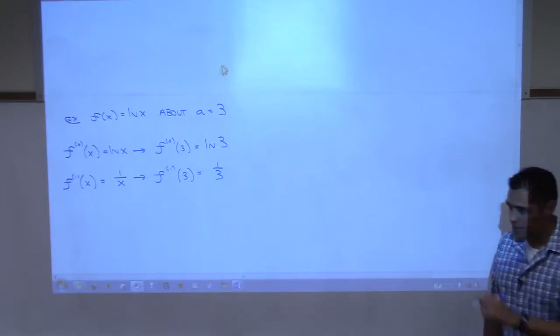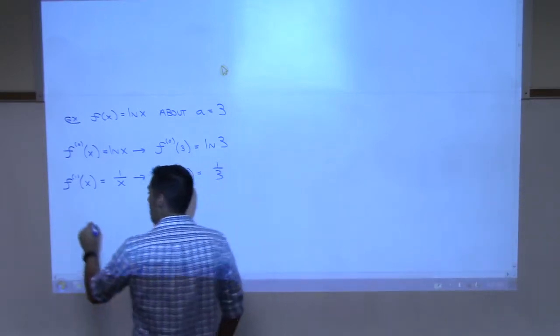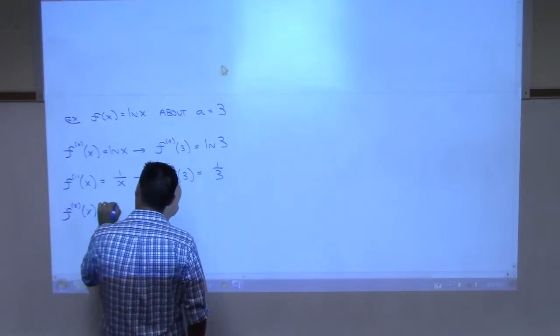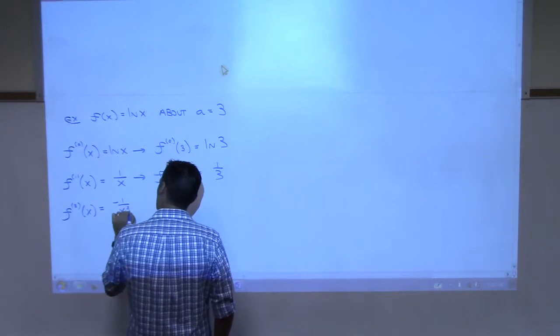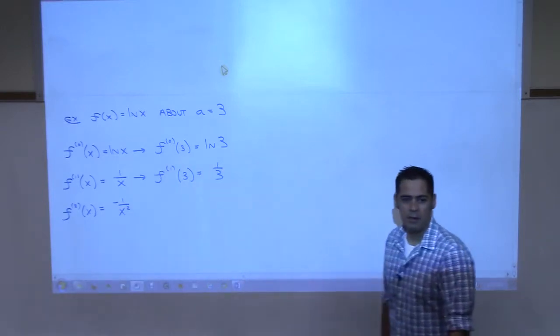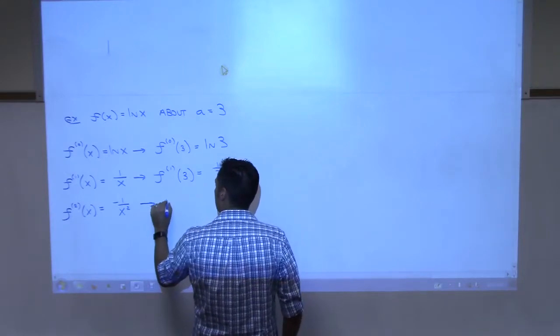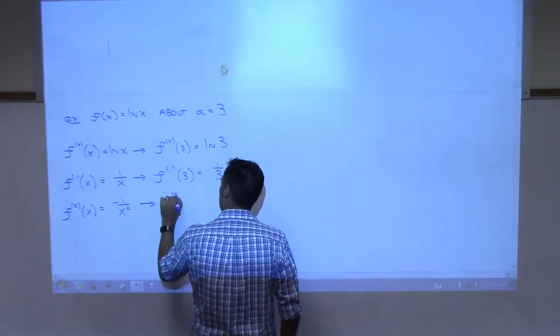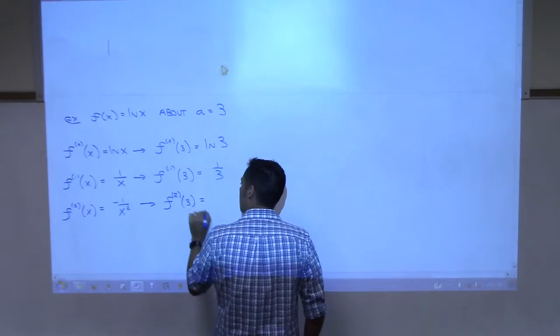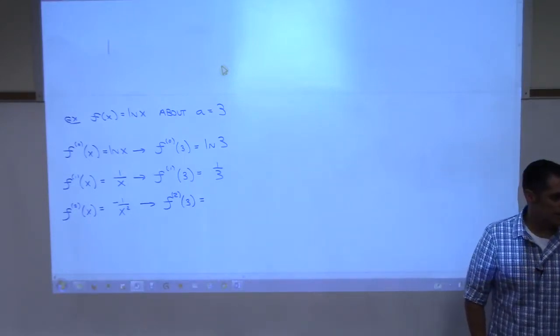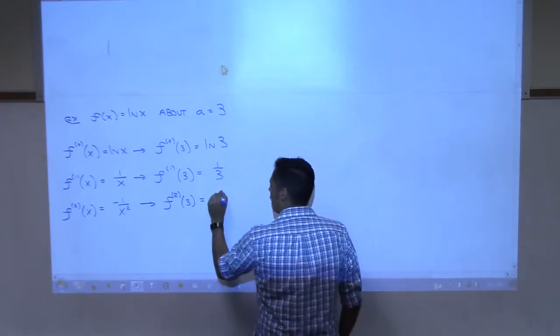Now be careful on your second derivative. Negative 1 over x squared, right? So we're going to take the second derivative, we're going to plug 3 in. We should get negative 1 over 3 squared, which is negative 1/9.